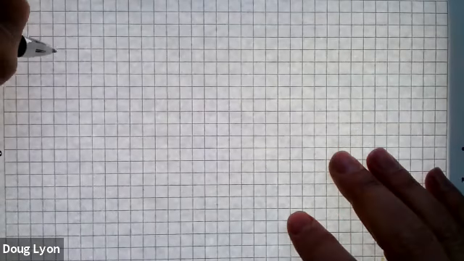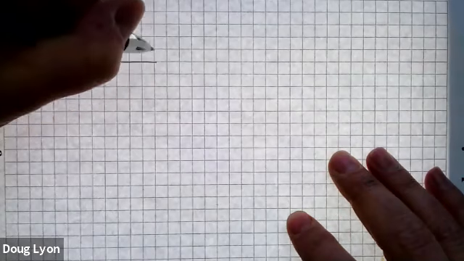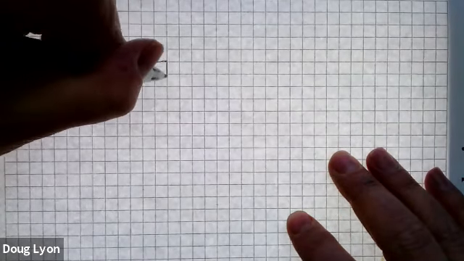Let's do a 3-variable KMAP from question 7. So this will be question 7.